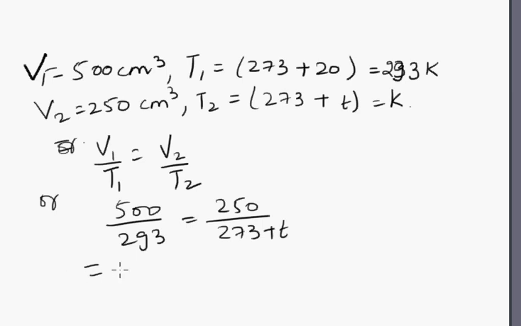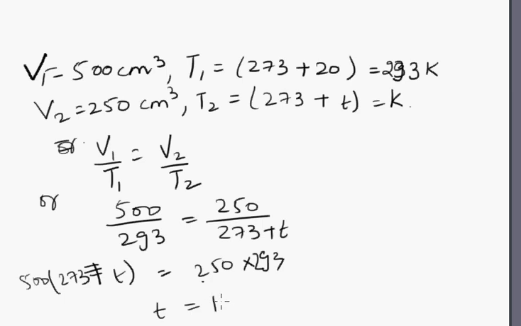It comes out to be 500 into 273 plus T, that is 250 into 293. After the simple calculation, T comes out to be this much, that is minus 126 degrees centigrade.